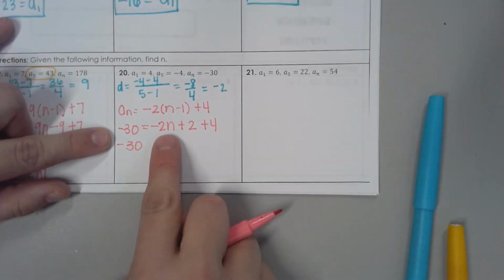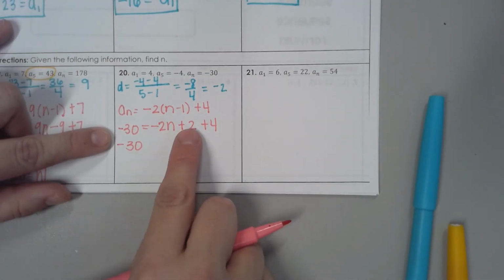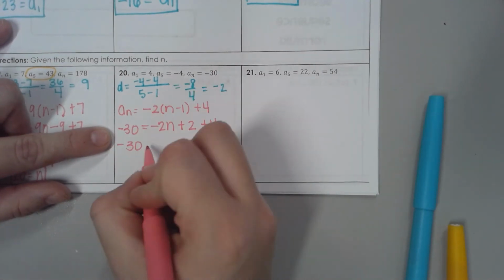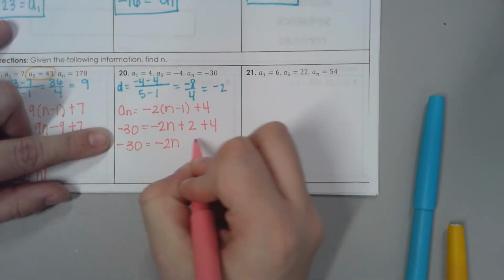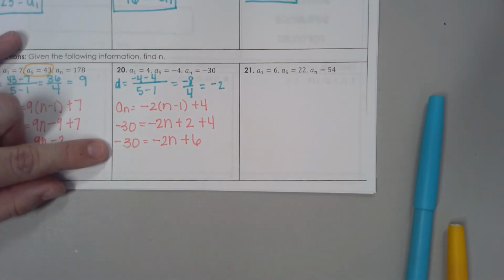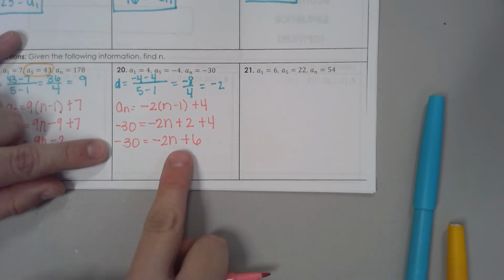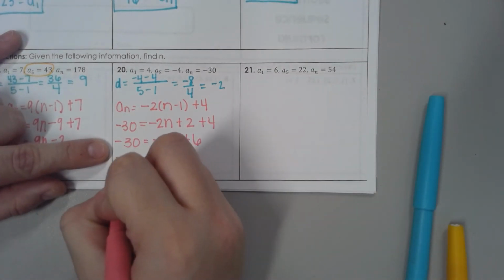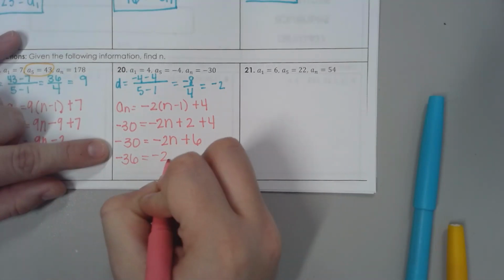So then I distributed, and then I will combine like terms. And then if I subtract 6, I get negative 36 equals negative 2n.